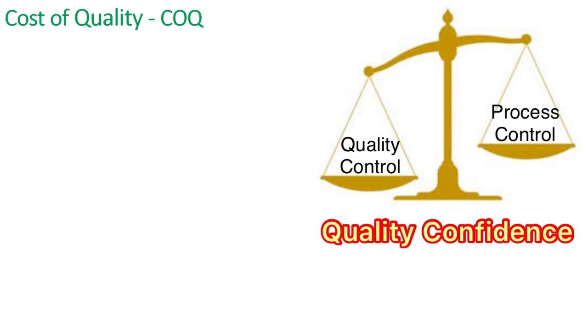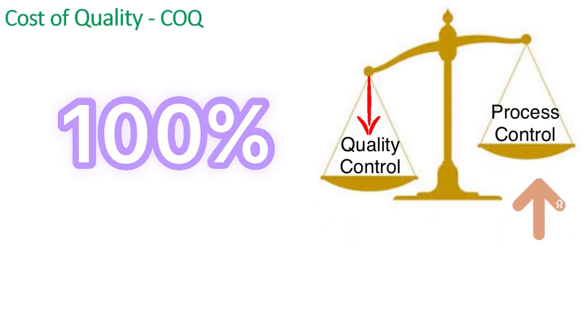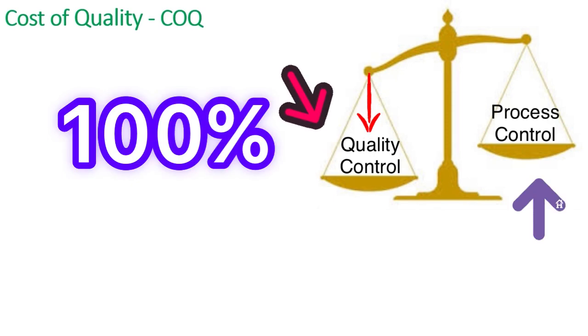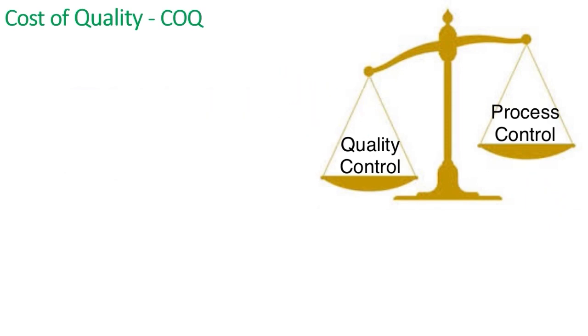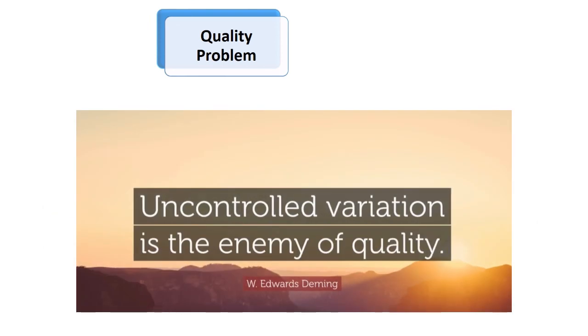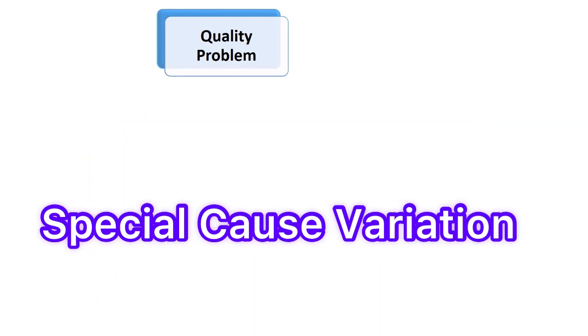And since we cannot maintain this 100% inspection as explained, but we cannot also reduce it due to the mentioned risks, then this is a quality problem for which we need to do RCI in order to detect and eliminate the root cause of this uncontrolled variation in the production process, or what is called special cause variation.